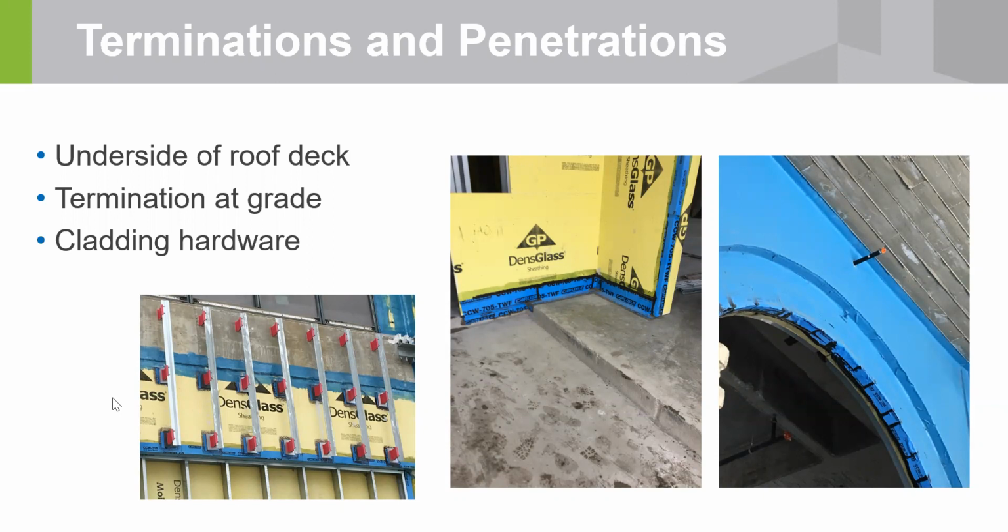The mineral wool insulation is going to get tucked around all those red clips. That's the left photo there. And you see they've got some clips. It's best to put those clips on when the membrane's on already, but if you don't do that, you can coat and caulk around them also. But either way, you've got to figure it out and make sure that the connection where those red clips penetrate the membrane is going to be airtight and watertight.